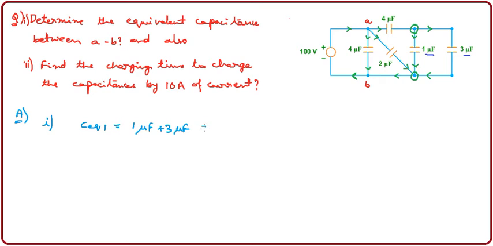So finally it will be 4 microfarad. This is the equivalent of these two. Once we found the equivalent, we can replace this part with a single capacitance like this. This value will be 4 microfarad.